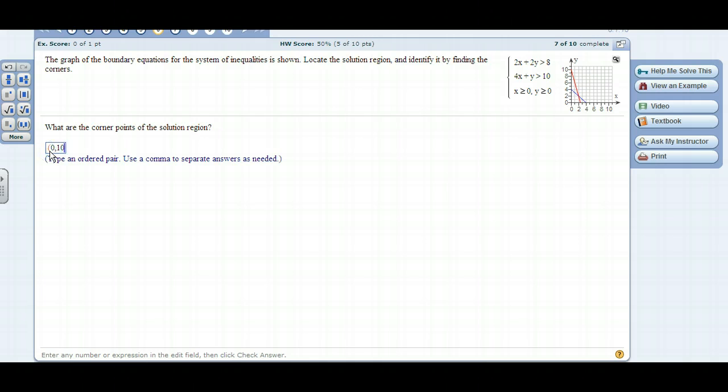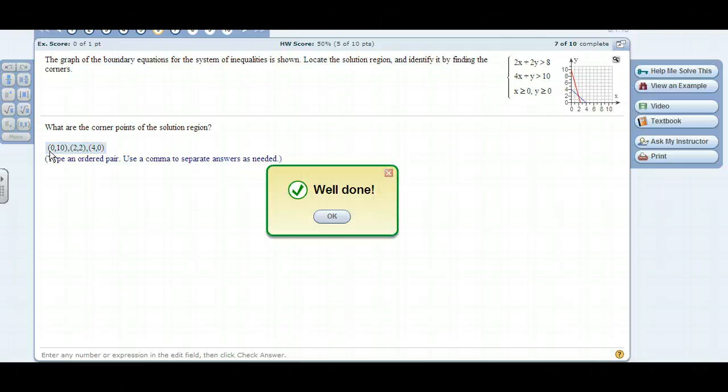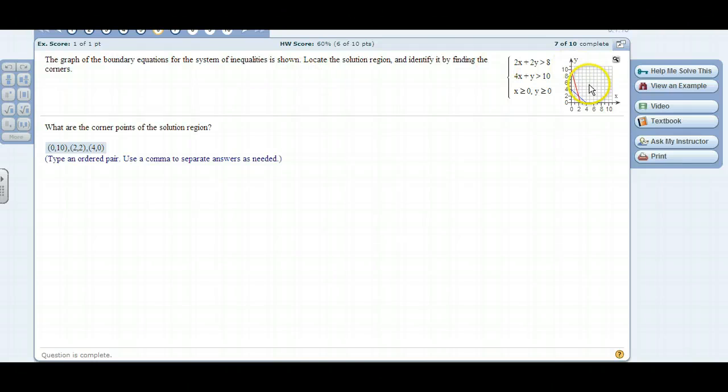So 0, 10, 2, 2, and 4, 0. So just use your calculator to find out which of these 4 regions are shaded, and then find the boundary points for those 4 regions.